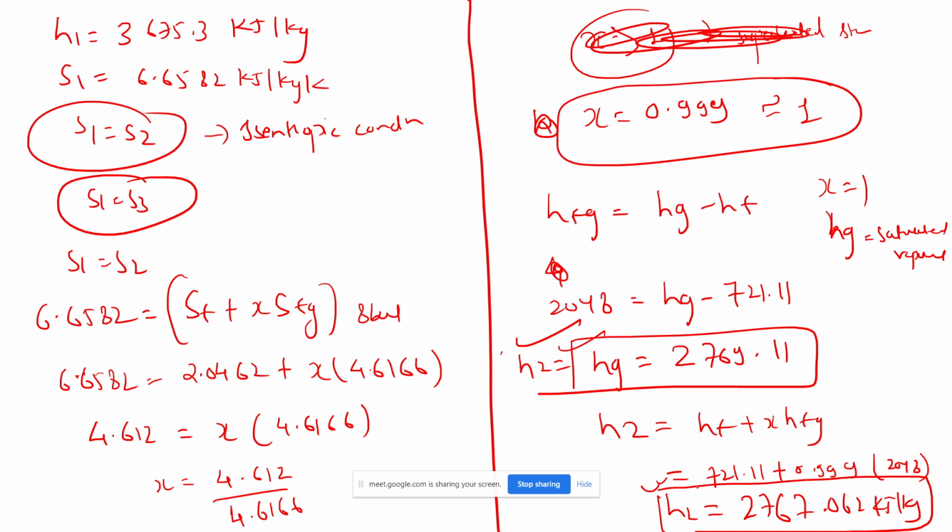In efficiency, I don't think 1 or 2 kilojoule per kg will affect. But in case of turbine work, if they ask in the question, then you should consider this only, because of the range they give in the problem. Okay.